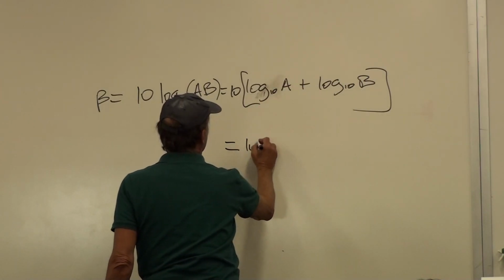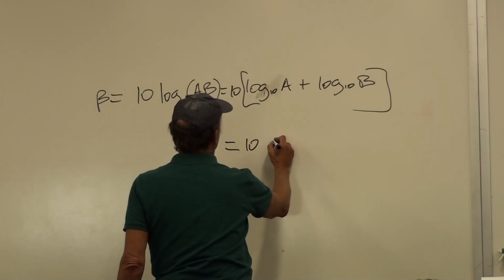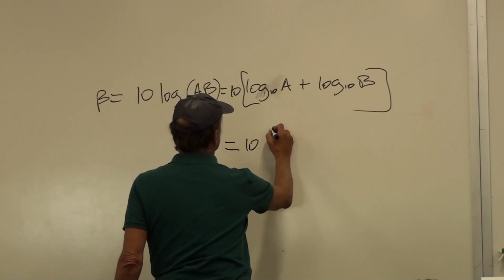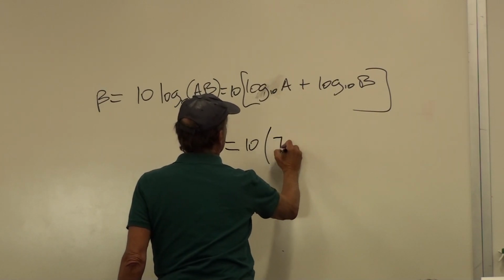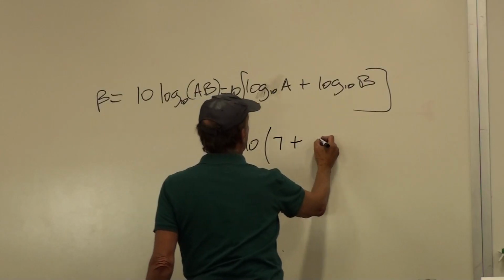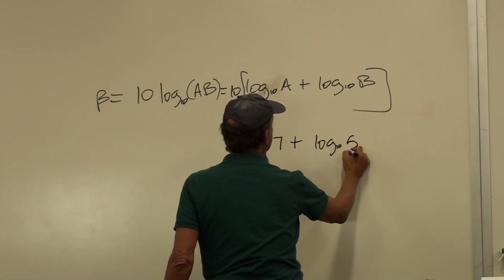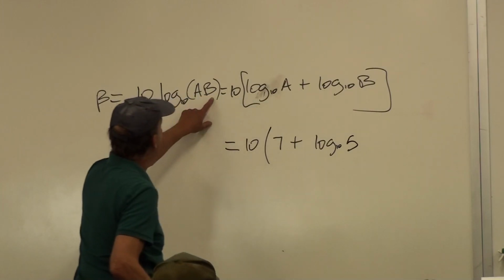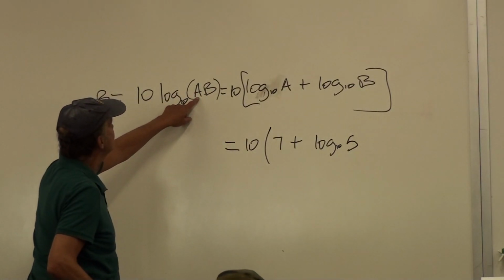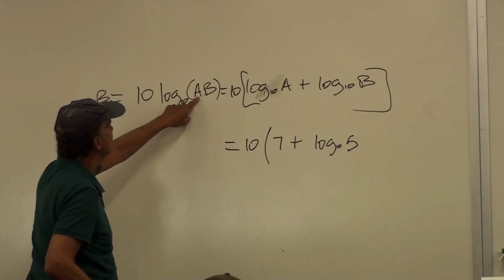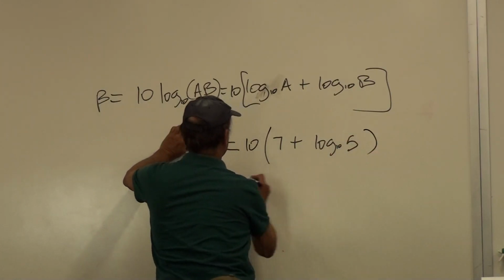So this is 10 times 7 plus the log to the base 10 of 5. Okay, because this is 5 times the base 10 logarithm. And so that'll give you 77.